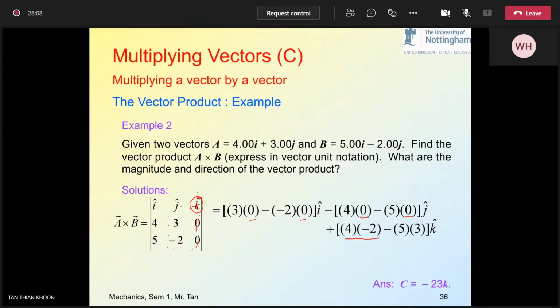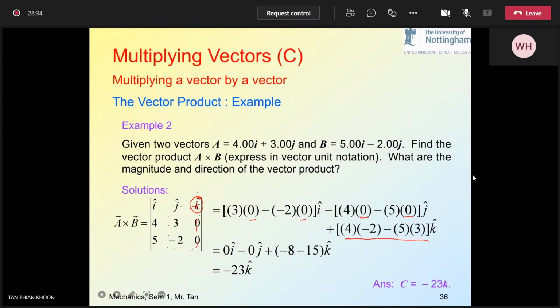Only K is not 0. So we have 0I, 0J, and only K is not 0, which is equivalent to minus 23K.